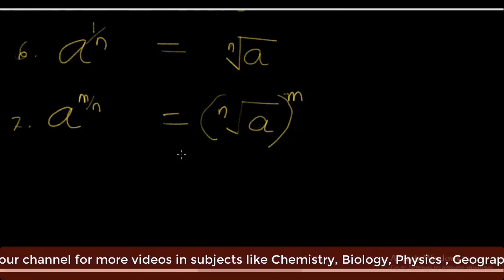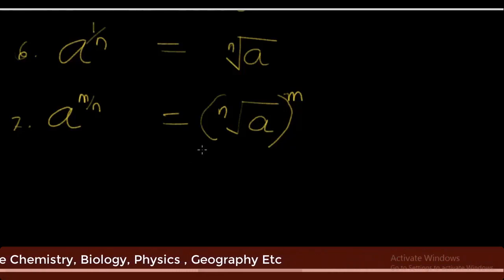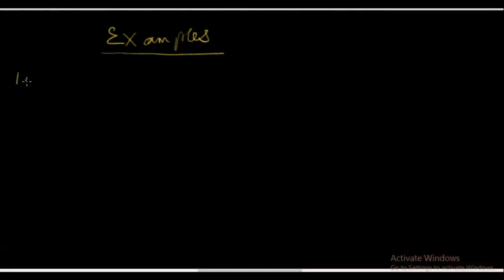Now we're going to solve some simple problems involving laws of indices. Let's move on. So now we're going to take some examples. Example 1: 5 raised to the power 3 multiplied by 5 raised to the power 4.